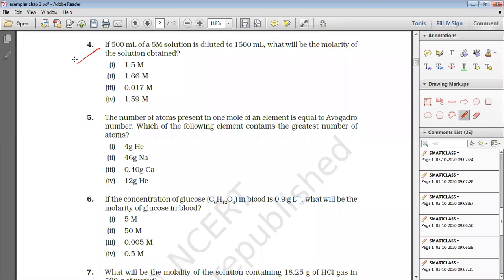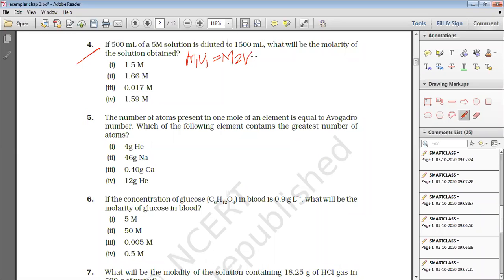Let's pay attention to the question. If 500 ml of a 5 molar solution is diluted to 1500 ml, what will be the molarity of the solution? So we can use here the formula, my dear students, and the formula we can use here is M1V1 is equal to M2V2.